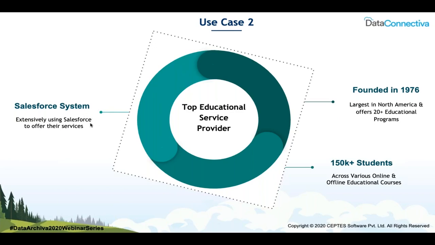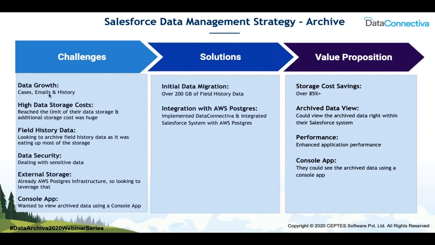The challenge they had was high data growth in terms of history, emails, and cases. All those things were generating a huge amount of data which was not even required currently in the live system. So they thought of looking at a solution to reduce the storage, as they were always buying additional storage because of this.